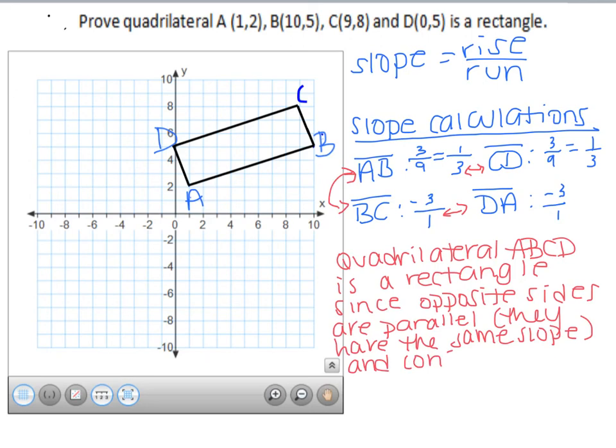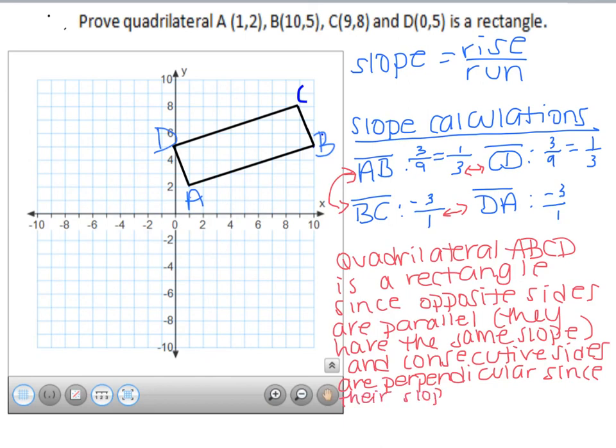And consecutive sides are perpendicular. Since their slopes are negative reciprocals.